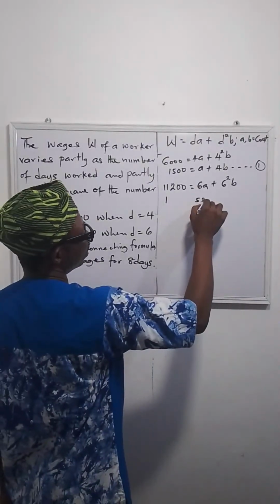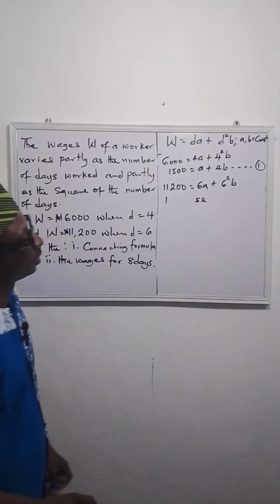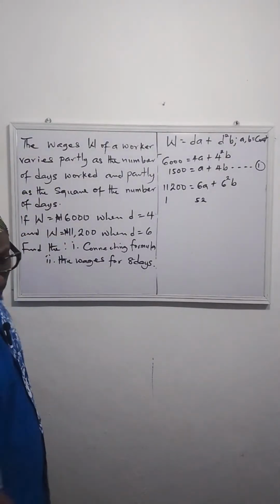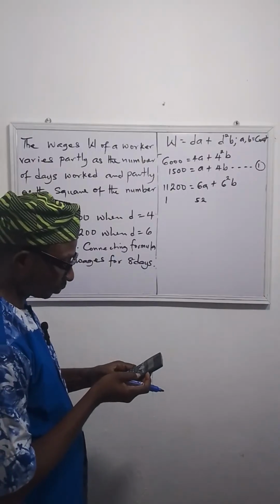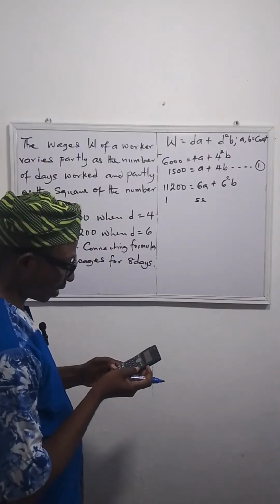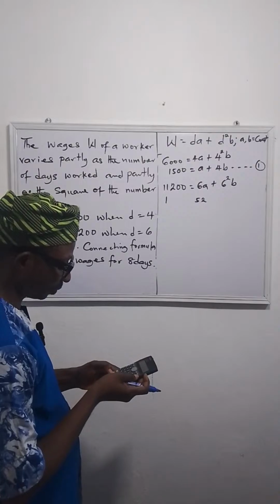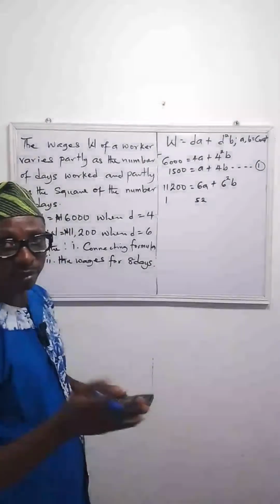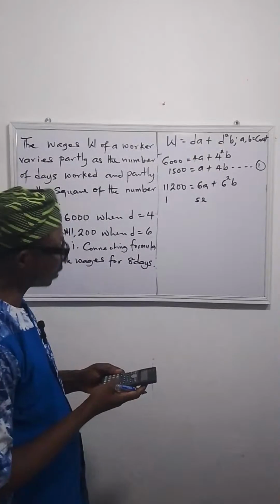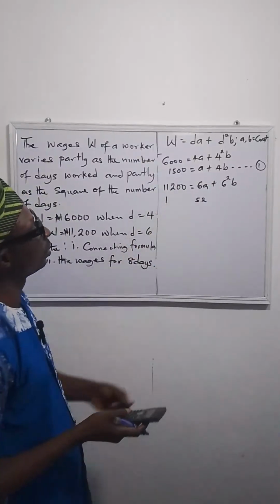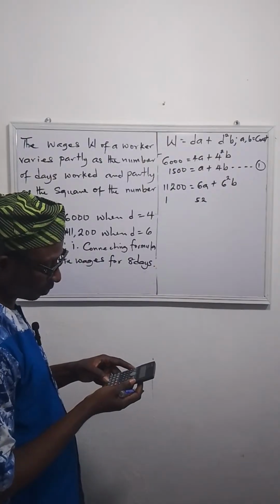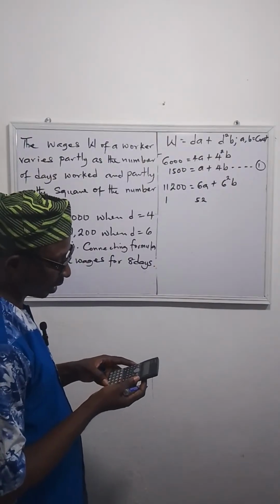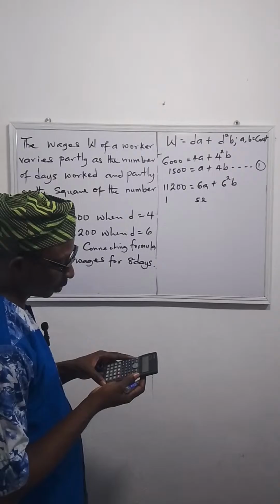So how many 6 are we going to see in 52? So will it completely go? 52 divided by 6, what do we have? We just divide through by 6, 11,200 divided by 6. What does that give us? It will not completely go.